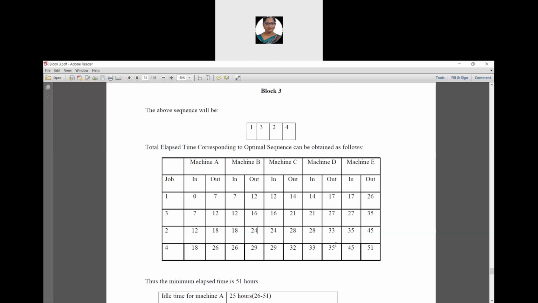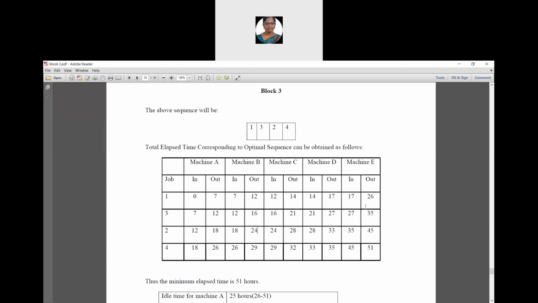Okay. Then machine E. Machine E's first in value is machine D's first out value 17. Then out value is calculated by adding in value 17 plus the processing time for the first job in machine E. We get 26. Then here we are going to write the maximum of 27 and 26.